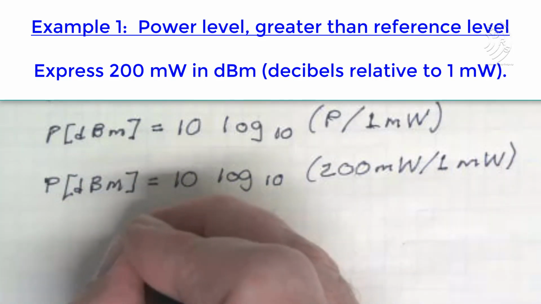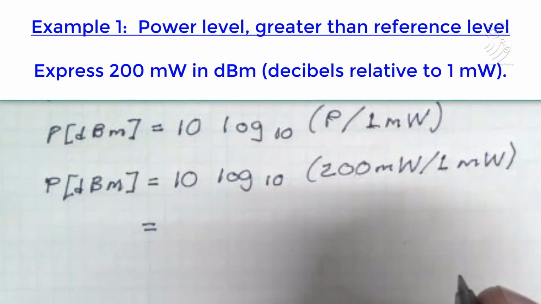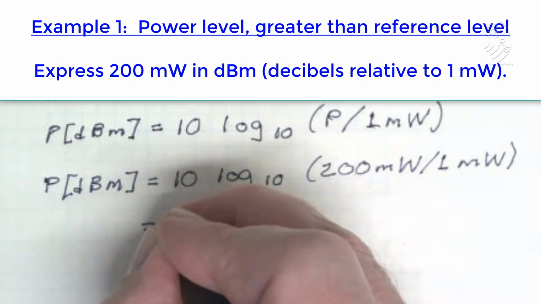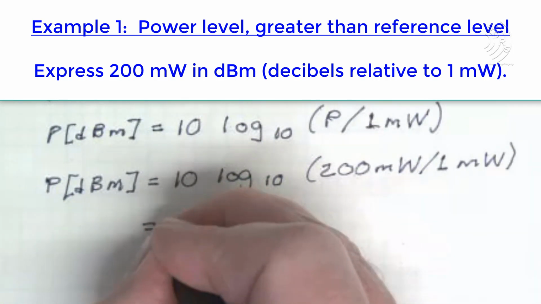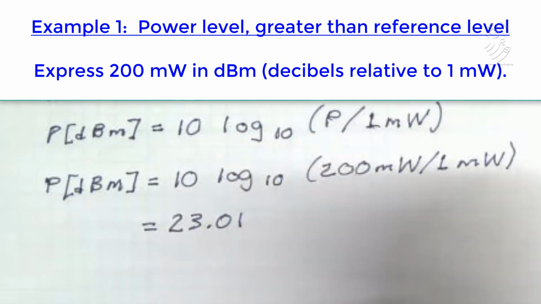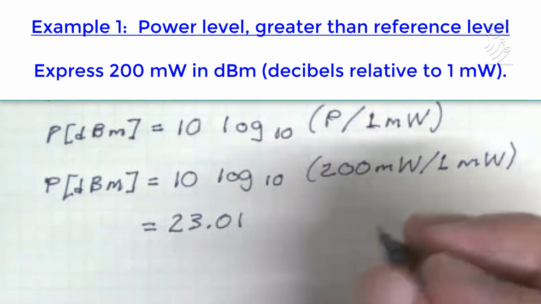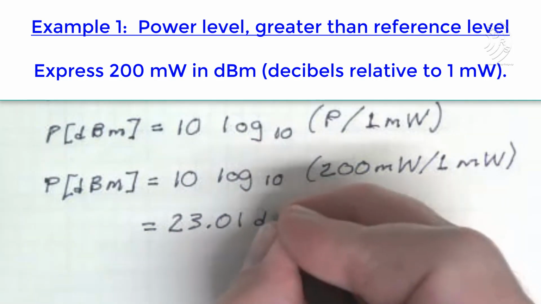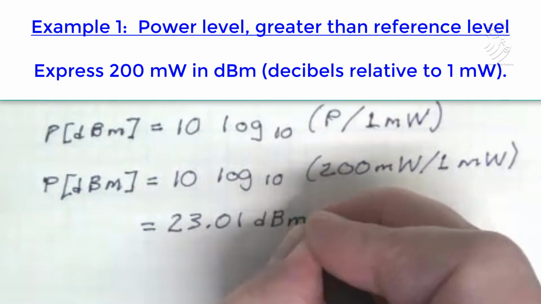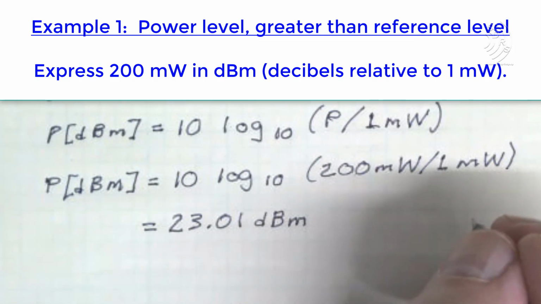And this gives a value of 23.01 dB, and then with final letter M for milliwatts.